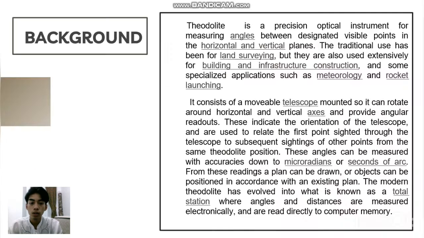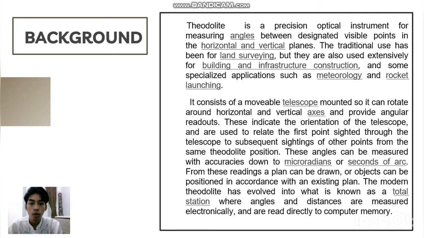First is introduction. Background. Theodolite is a precision optical instrument for measuring angles between designated visible points in the horizontal and vertical planes. The traditional use has been for land surveying, but they are also used extensively for building and infrastructure construction, and some specialized applications such as meteorology and rocket launching.